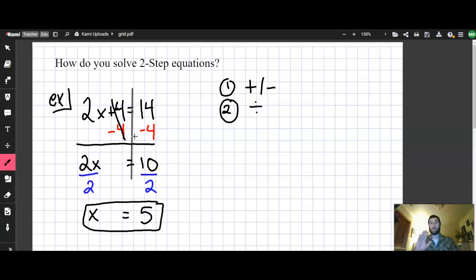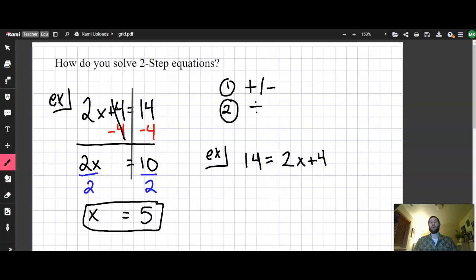So next, here I wrote the actual equation on the left and the numbers on the right. But ladies and gentlemen, I want to stress that this is the exact same example as 14 equal to 2x plus 4.